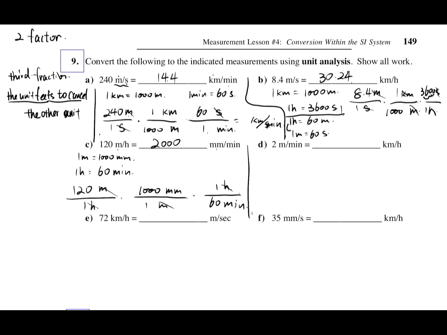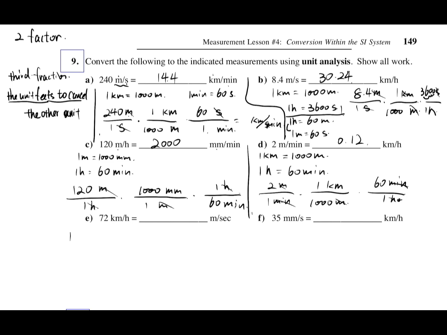And for D, 1 kilometer equals 1,000 meters, and 1 hour equals 60 minutes. So it's 1 m divided by 1 minute, times 1 km per 1000 m, times 60 minutes per 1 hour. Cancel the meters and the minutes, and the answer is 0.12.